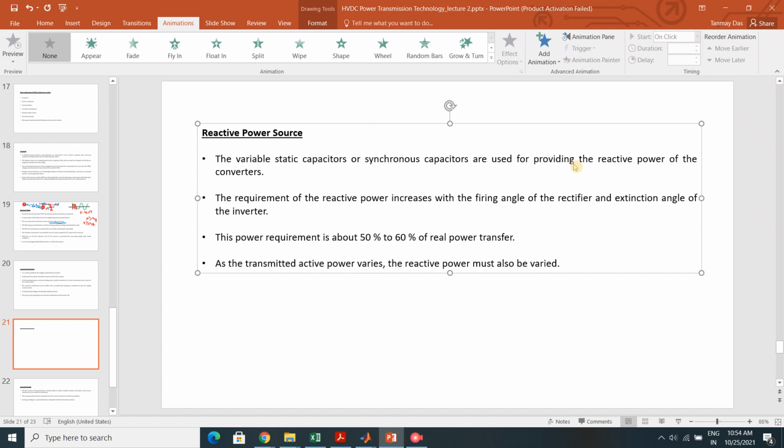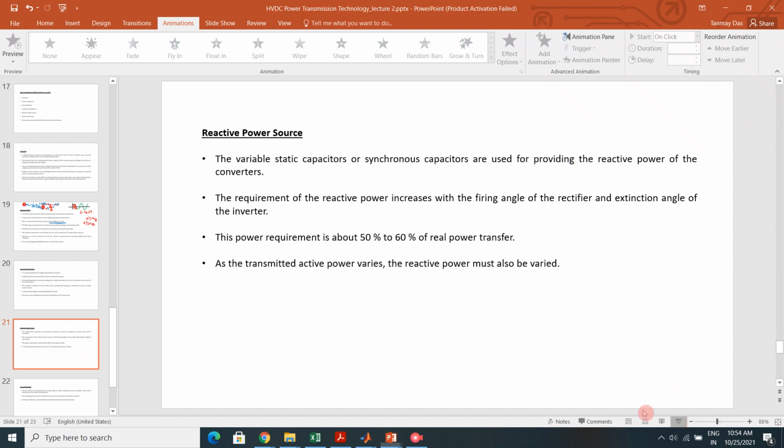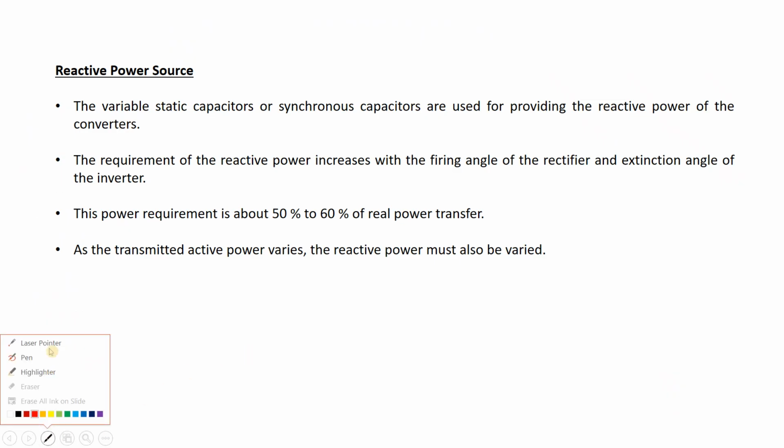It should be providing, because the converters consume reactive power. If you want to rectify AC to DC, then again invert DC to AC, they consume reactive power. So that is why these capacitors are used. Synchronous capacitors are used because they generate sufficient reactive power which is consumed by the converter.